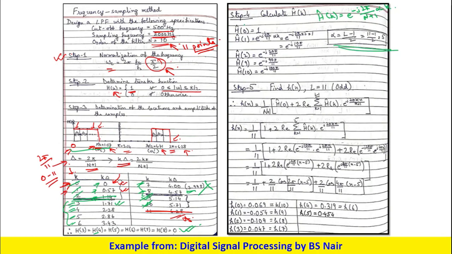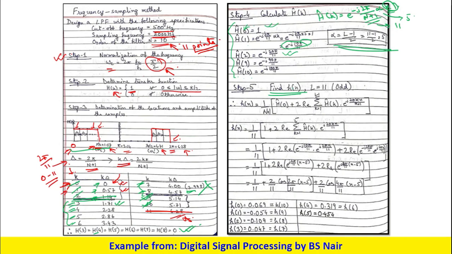In the first case k is 0, n plus 1 you know is 11, alpha is 5. What is the only variable? The only variable is k. Just put the values of k. H of 0 will be 1, h cap 1 you will get this value, h cap 2 you will get this value, then after that we get h cap 9, h cap 10. So you are able to calculate all these values now, right?